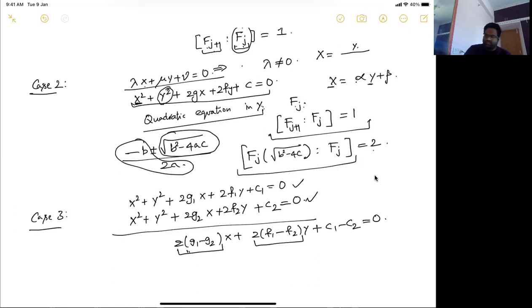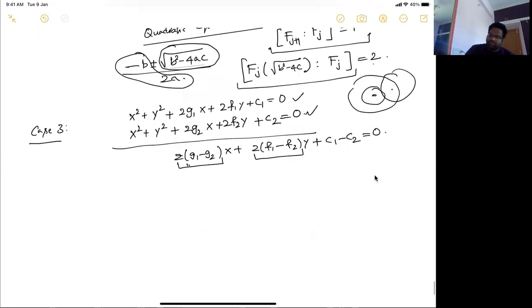So we assume that the circles have different centers. If the circles were concentric, then these two circles won't intersect at all, so we have to ensure that the two circles intersect. So this is of the form gx plus fy plus c is equal to 0, and this case reduces to case 2.